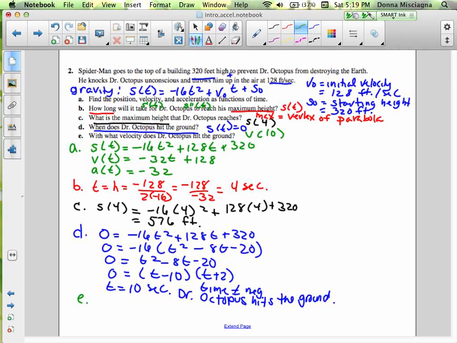He's up 320 feet in the air. He just gets thrown up for a little bit, and then he comes back down again. So we have v of 10 equals negative 32 times 10 plus 128, and that is negative 192 feet per second he is hitting the ground.